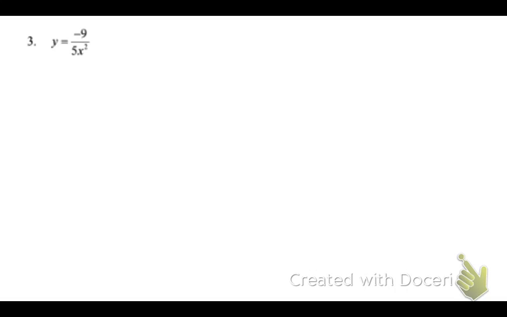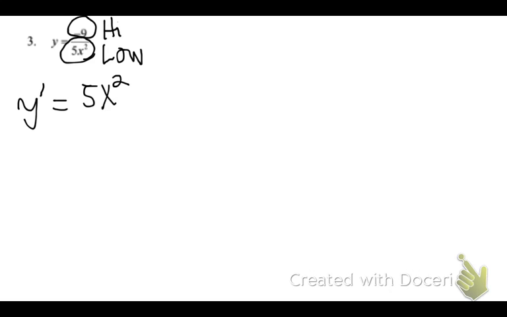So using the quotient rule, negative 9 would be the high, and 5x squared is the low. So our derivative would be y prime equals low d high. So the derivative of negative 9 is 0.